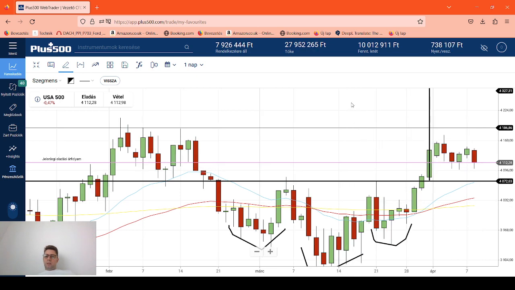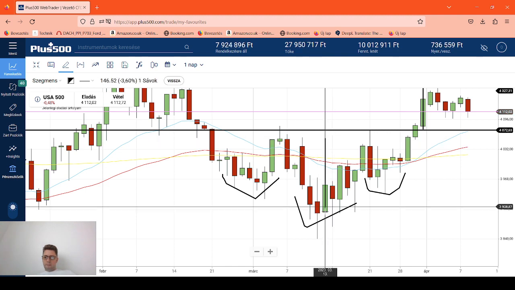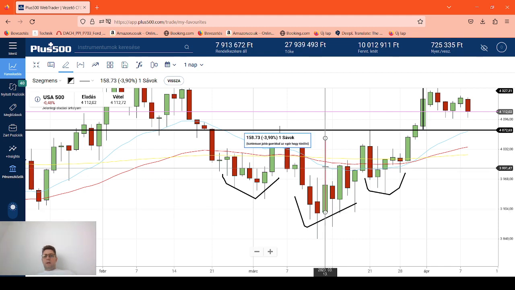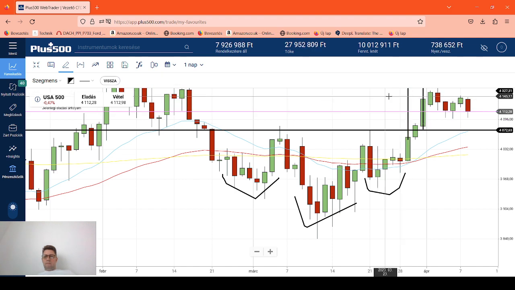Out of curiosity, let me just look at a more conservative price target and see. It's from the body to the body like that, and around this area, yeah.